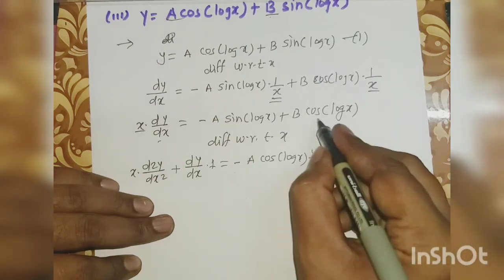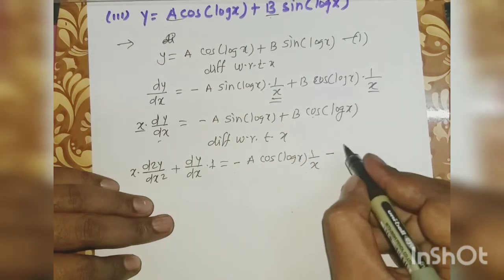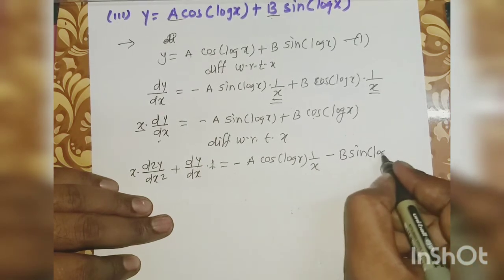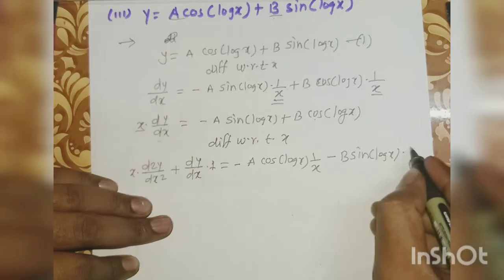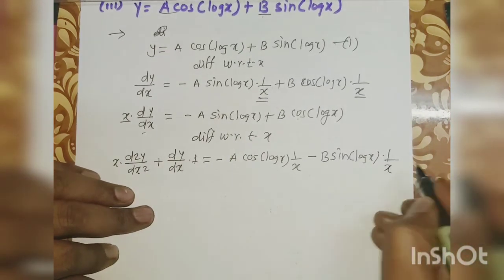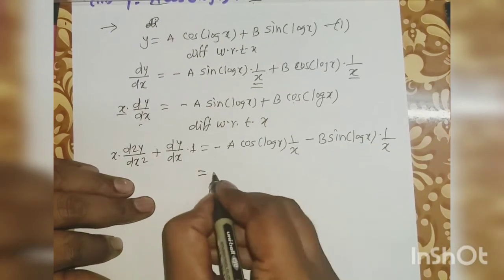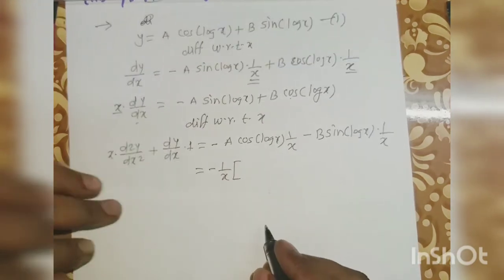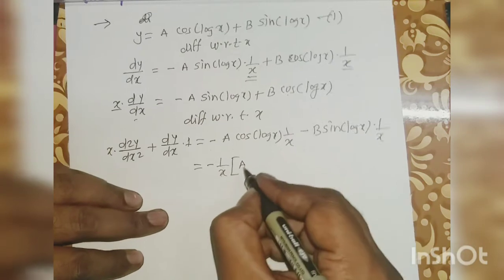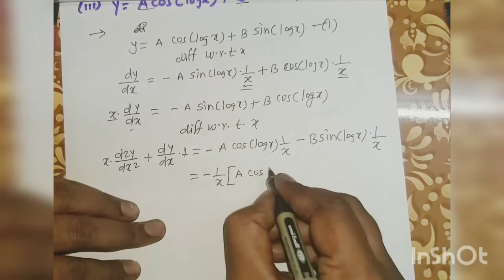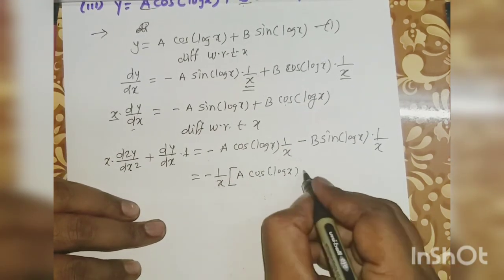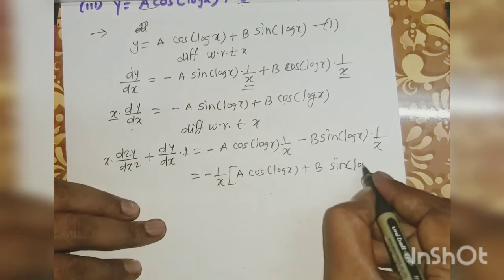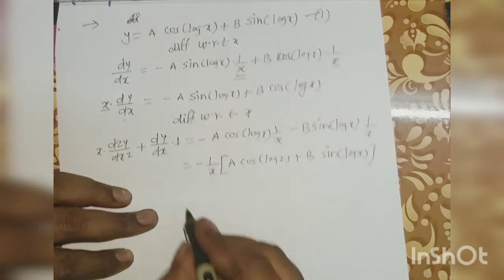Here, the derivative of cos is minus, therefore minus b sin of log x into 1 divided by x. Take minus 1 by x common, in bracket a cos of log x plus b sin of log x.